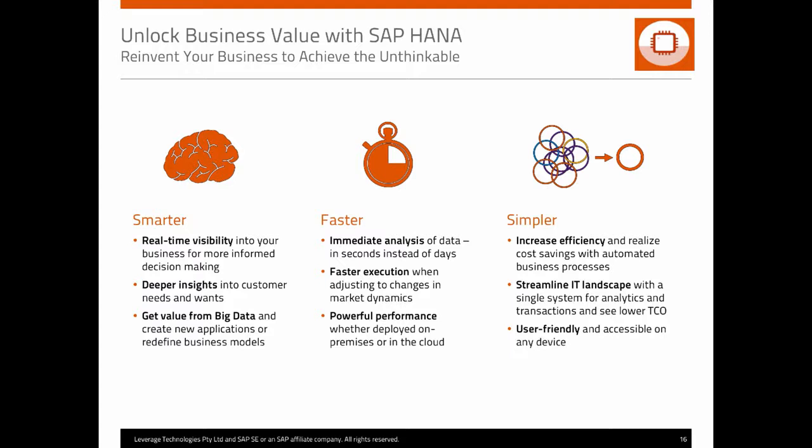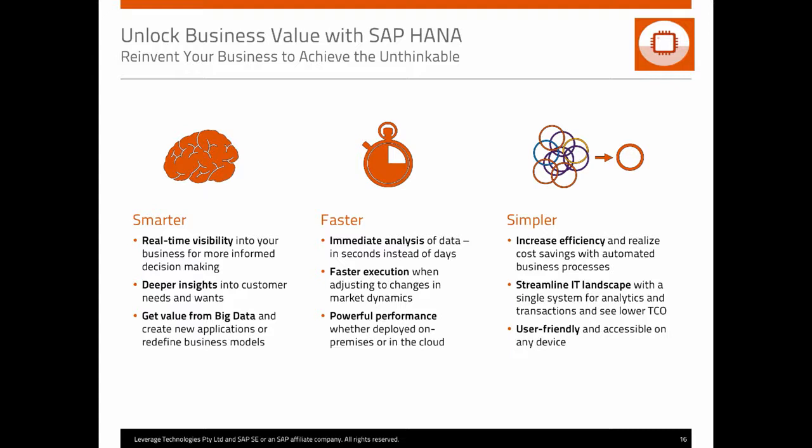And it's simpler. It really is designed so that you can take all of these different sources of data, simplify them, and streamline your IT landscape and have a single system for doing your analytics and your transactions. What does that basically give you?